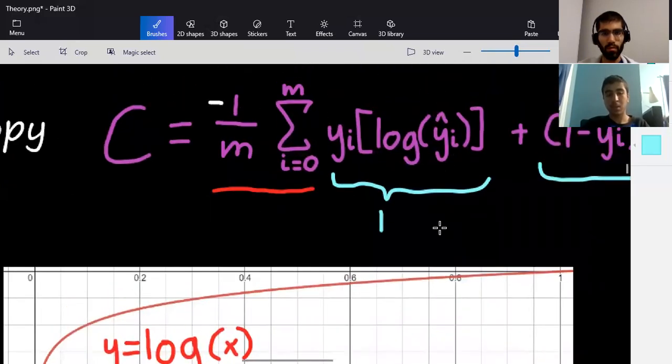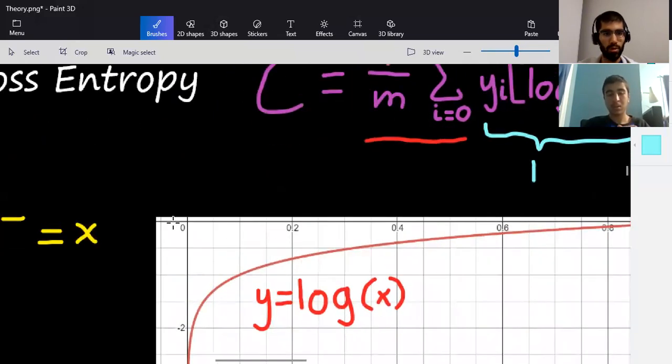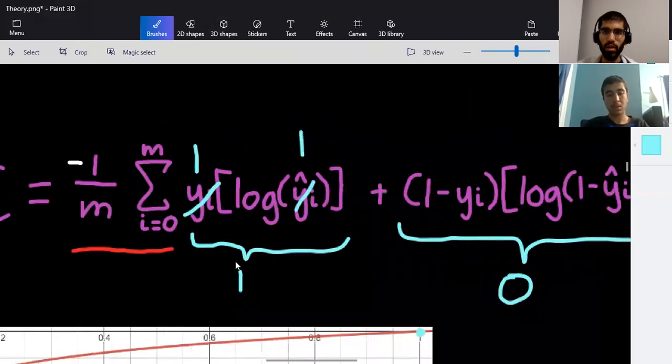So whenever the input is 1, then the output is 0, so the cost I'm getting is 0. In this case, y must be equal to 1, and we want the prediction to be equal to 1. So if the prediction actually is equal to 1, then we're going to get back a very low cost, yeah?